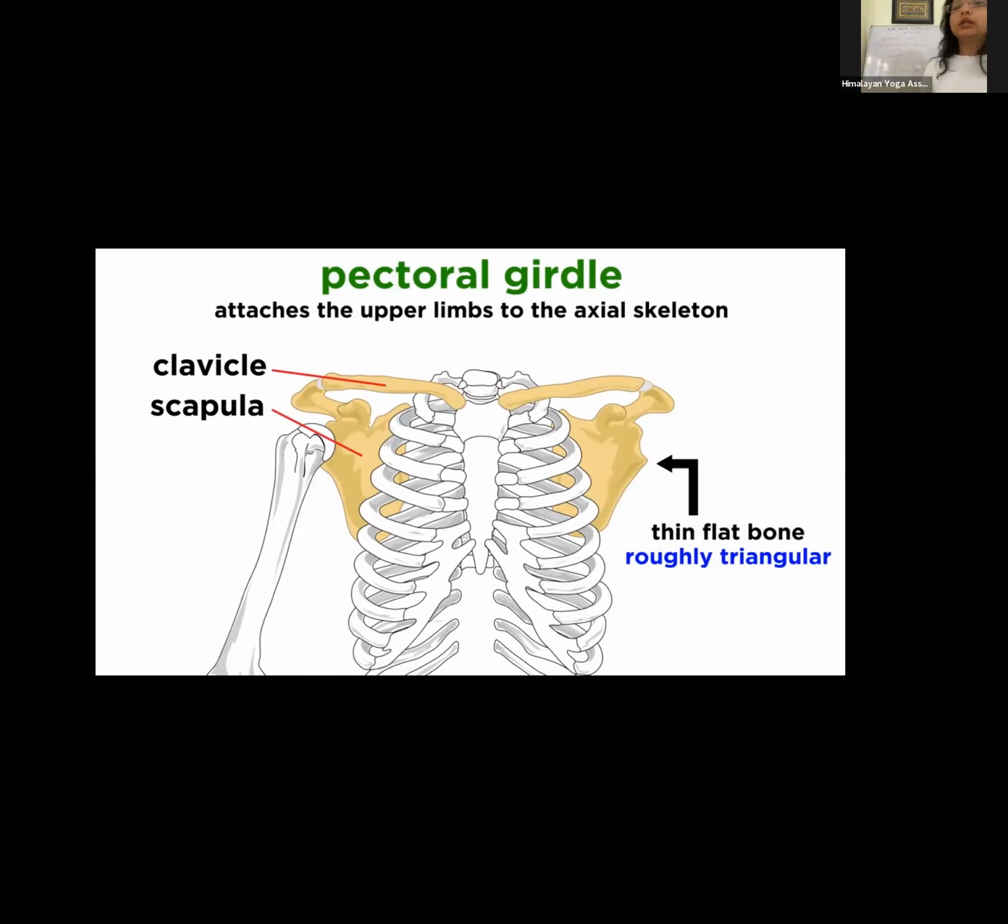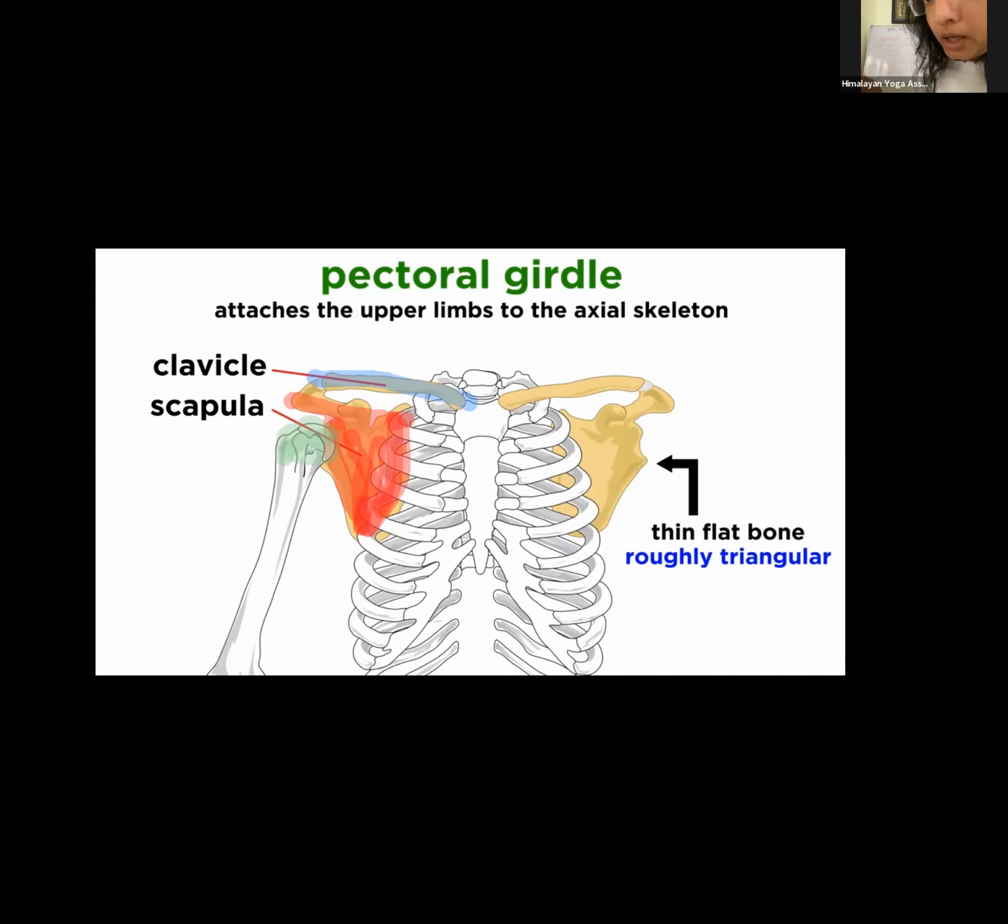So here you see, this is the clavicle. This is the scapula. And here is the shoulder joint, which is a ball and socket joint.